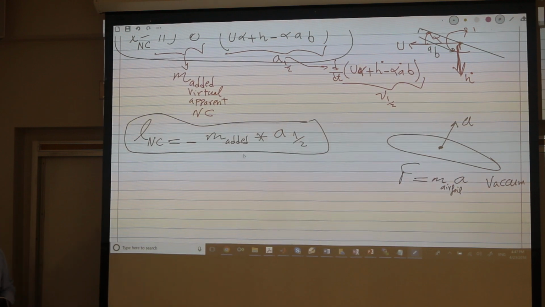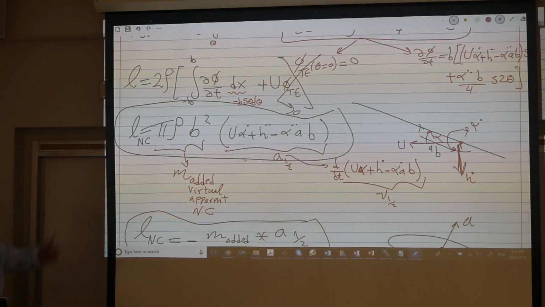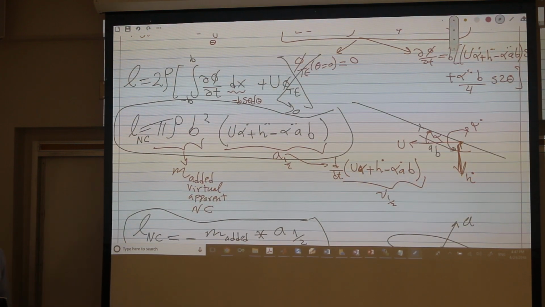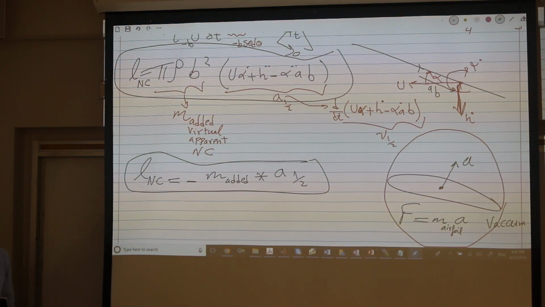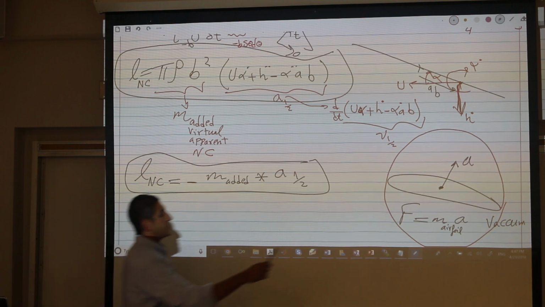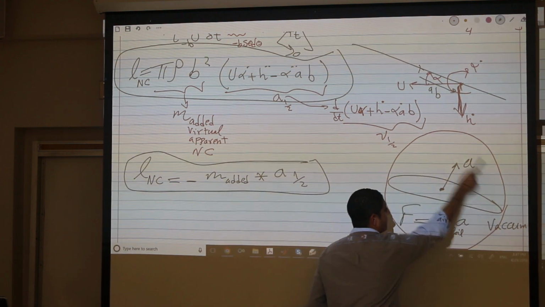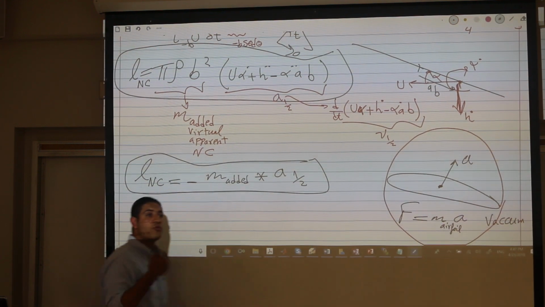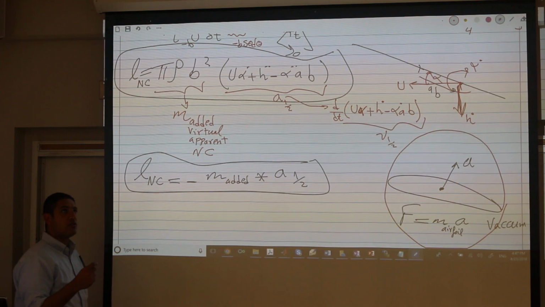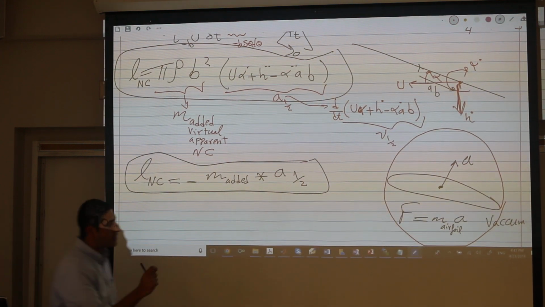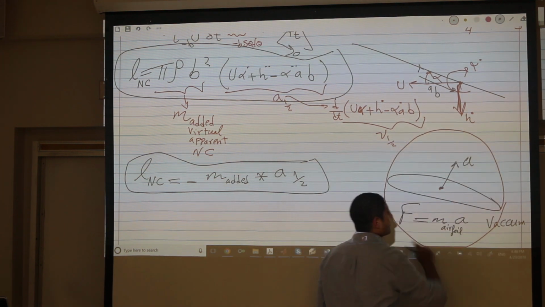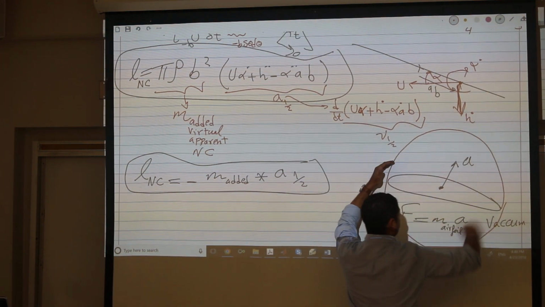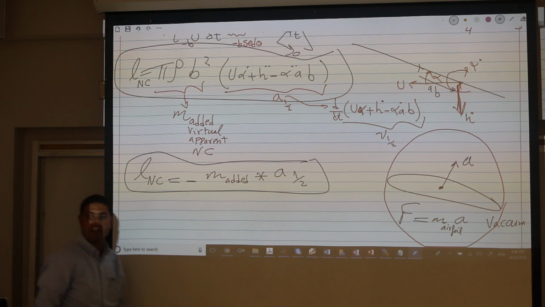And this exact mass is the mass of what? It's pi rho b squared, the mass of a cylinder whose radius is the half chord length. So this is the cylinder of air around the airfoil. When you move the airfoil, you are required to accelerate not only the airfoil, but also the surrounding fluid up to a cylinder of radius half chord length.